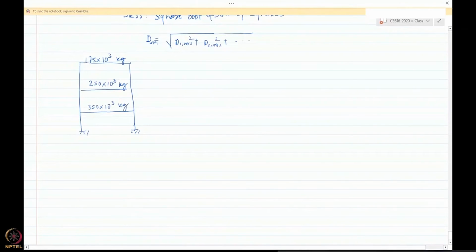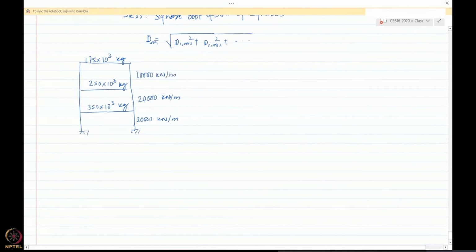So these are the story masses. Story stiffnesses are 30,000 kilonewton per meter, then this is 20,000 kilonewton per meter, and then this is 10,000 kilonewton per meter.